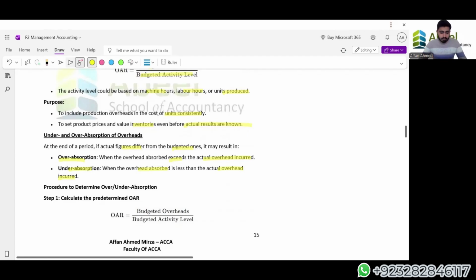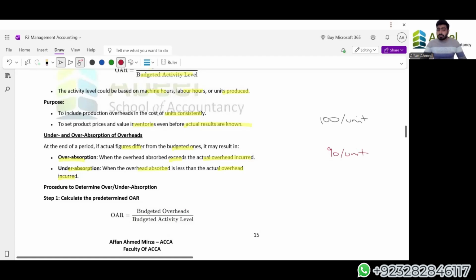Now, what do we mean by that? Let's say we had absorbed 100 rupees per unit as overhead. Now, in terms of over absorption, what will be the scenario here? The scenario will be that overheads absorbed are more than actual. That means my actual position is that I have 90 per unit as actual overheads.